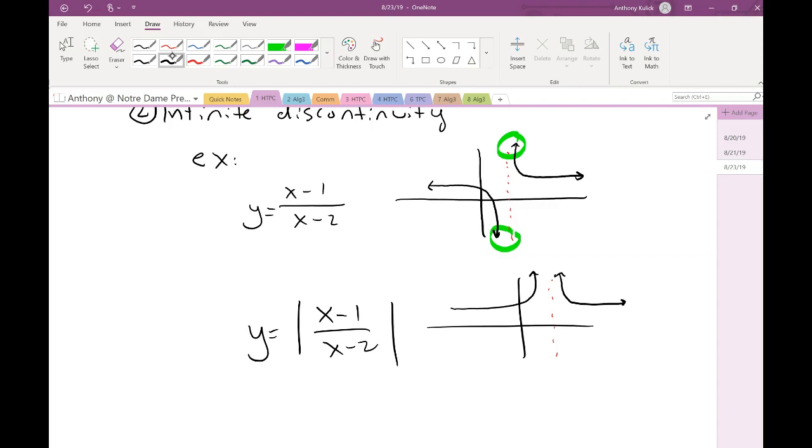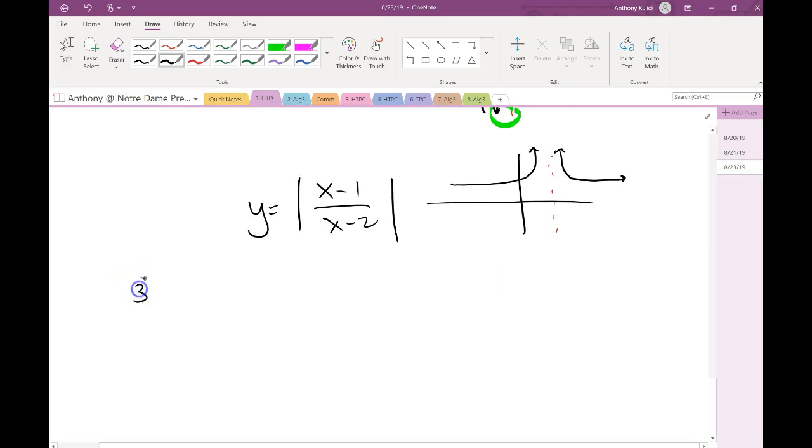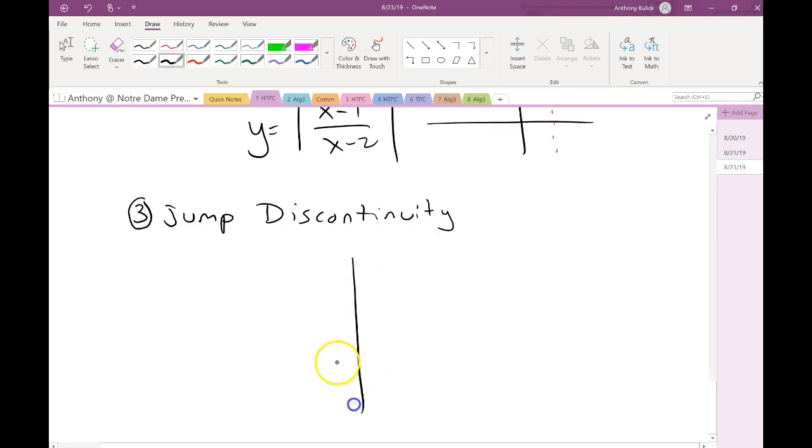Okay. There's a third type that you're probably not familiar with, and that's called a jump discontinuity. This is not something that you saw happen in your Algebra 3-4 course.